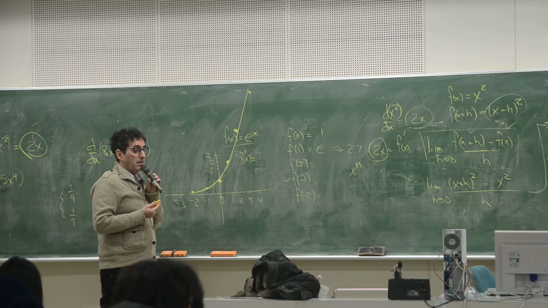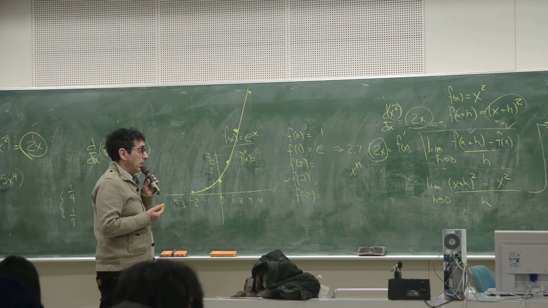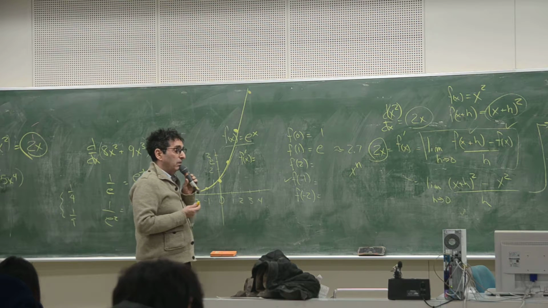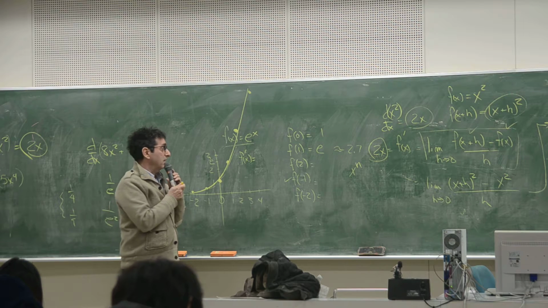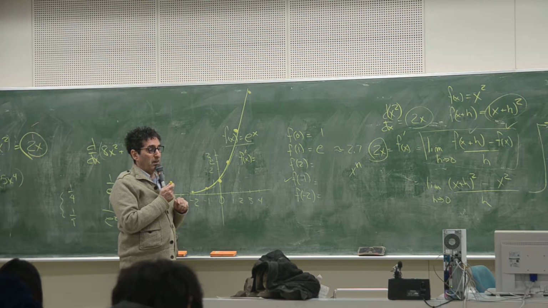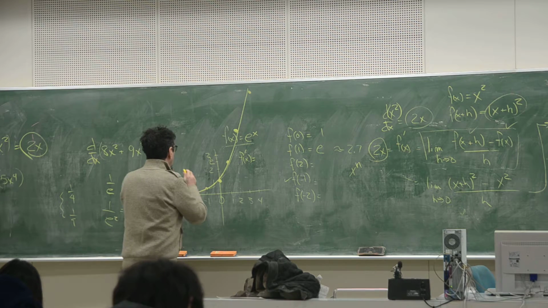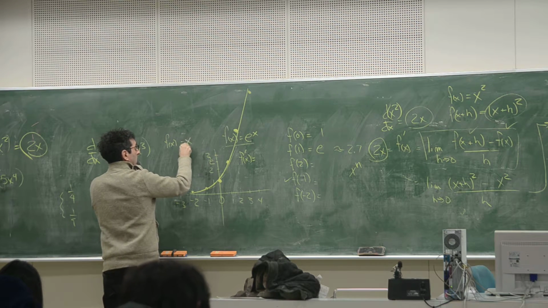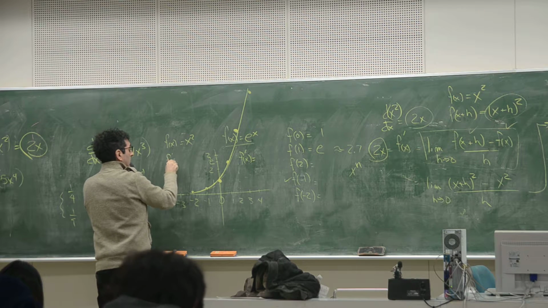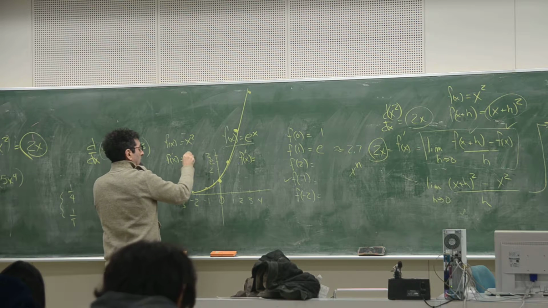But the answer is kind of surprising. There's only one function that has this kind of situation, and that's this function. For example, if the original function was not that function, but was x squared, the derivative is definitely not x squared, right?